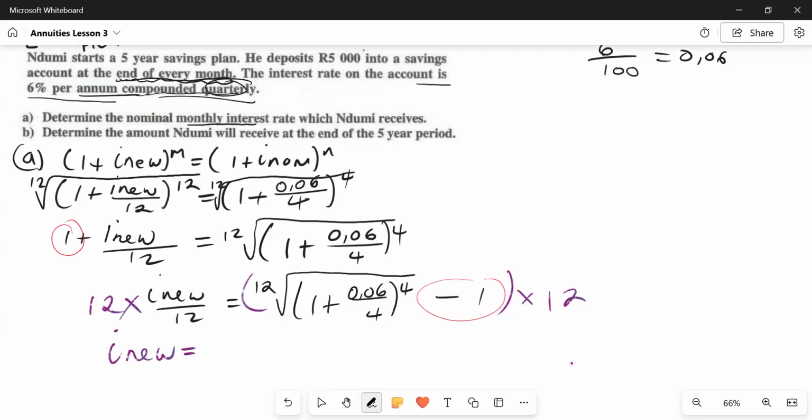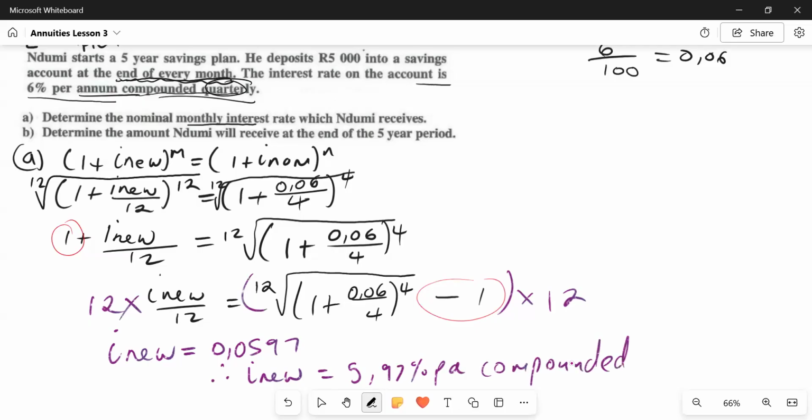And then you'll end up with your i new is equals to 0.0597, right? And then we can say that therefore your i new, now you multiply whatever you got by 100, and then you get 5.97% per annum compounded monthly.